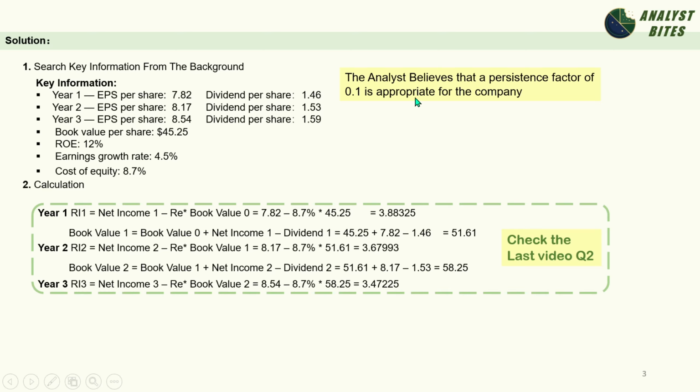The question says from year 3, the persistence factor is 0.1. What does this mean? It means from year 3 onwards, the income starts to fade. Mathematically, it implies that RI4 will be RI3 times omega, and RI5 will be RI4 times omega, and so on.